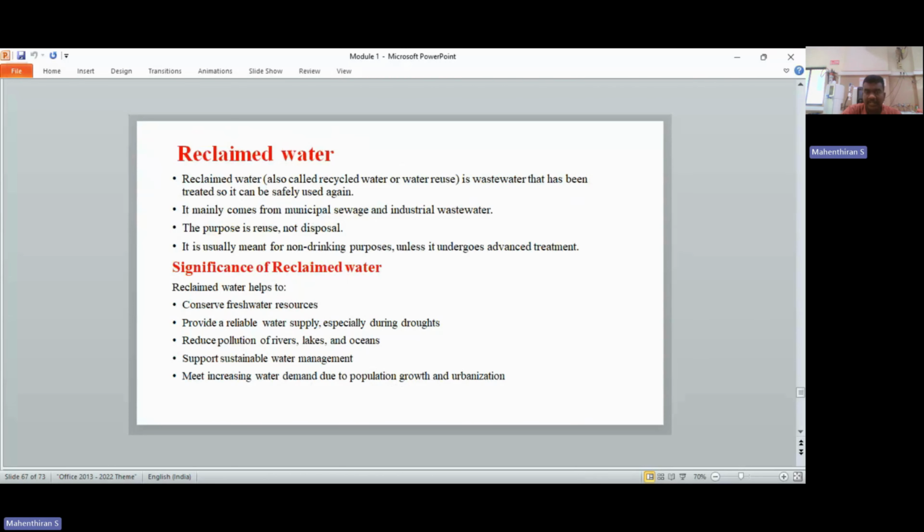It is very important to understand that the main purpose of reclaimed water is reuse. It's not disposal. Traditionally, wastewater has been treated and then discharged into rivers or oceans. But with reclaimed water, we have another view, from waste disposal to resource recovery.